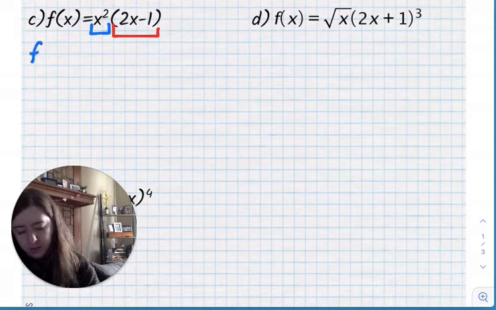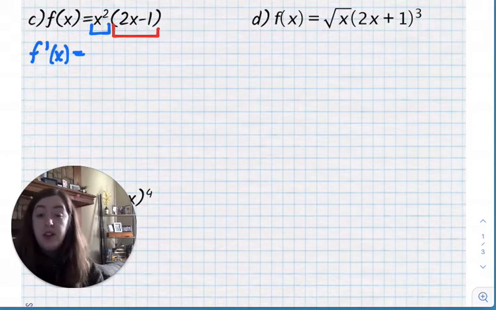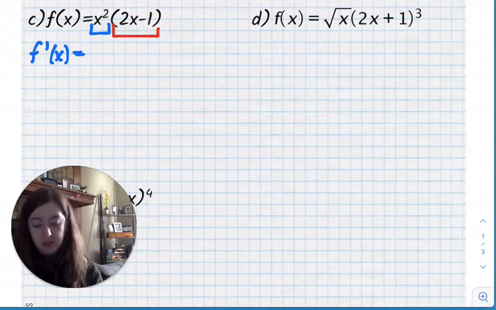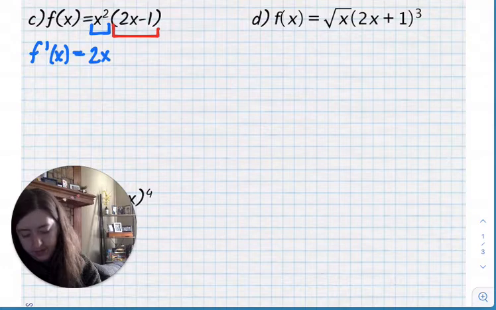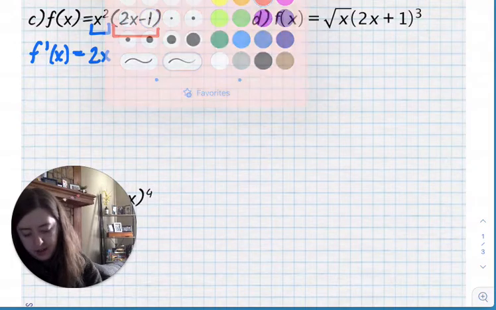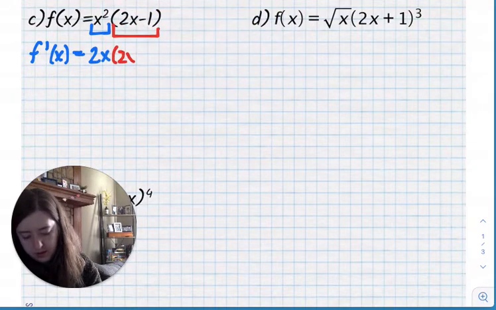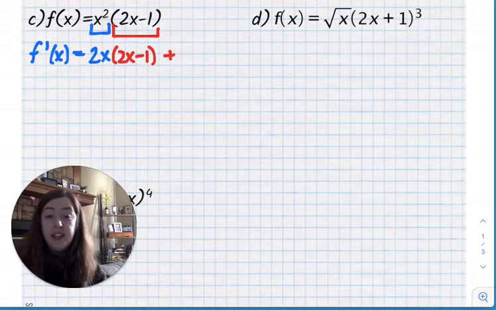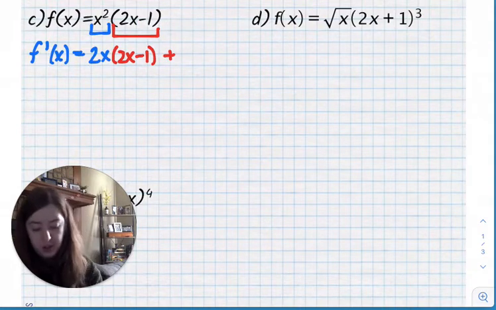So f prime of x equals the derivative of the first, the derivative of x squared is 2x, times the second, plus the derivative of the second. The derivative of 2x is 2. The derivative of -1 is 0.